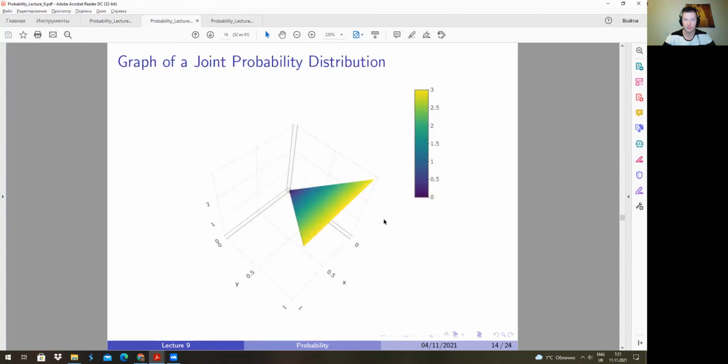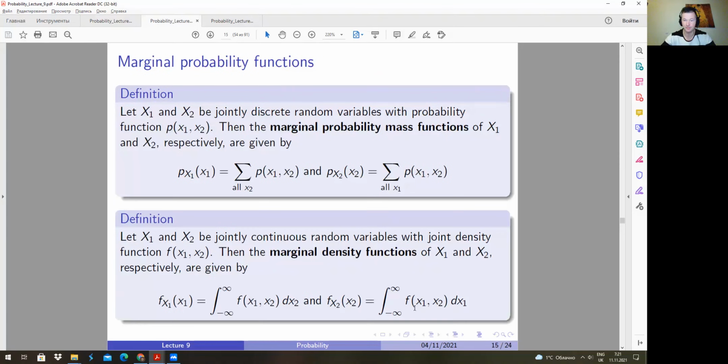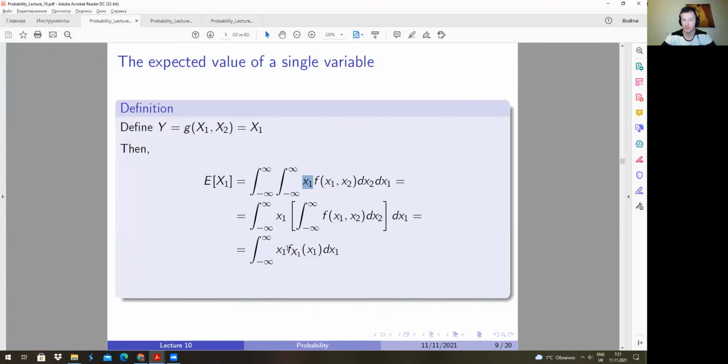And let me show you something here. That's exactly the same object, right? So we integrate the joint density function over x2 over the whole real numbers. So this is nothing else but the marginal density function.